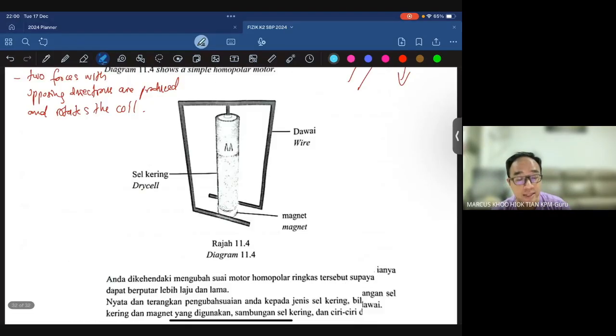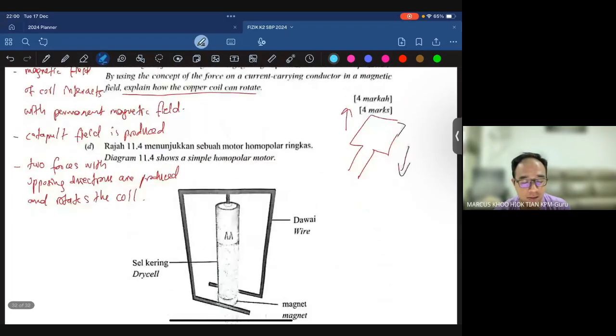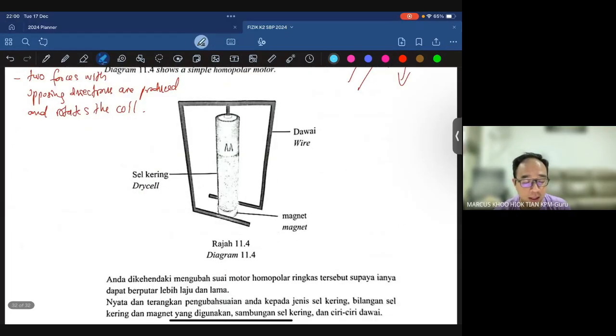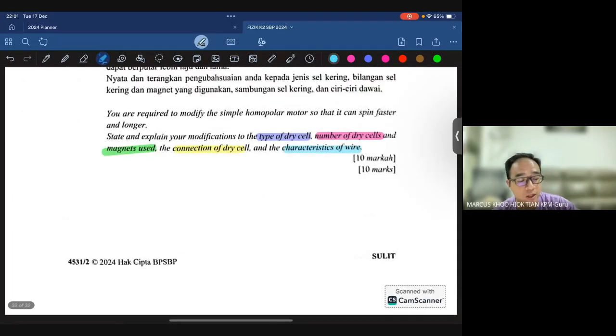Type of dry cell. Well, I suppose for type of dry cell, you have to talk about the kinds of dry cells there are. What do we use? Alkaline battery. Yeah, alkaline dry cell. Or what is another kind of battery that we usually use?